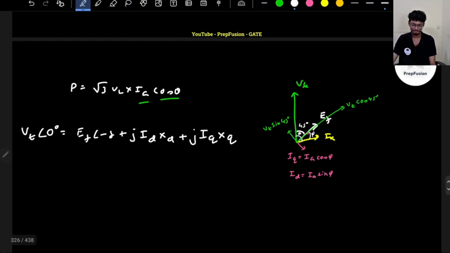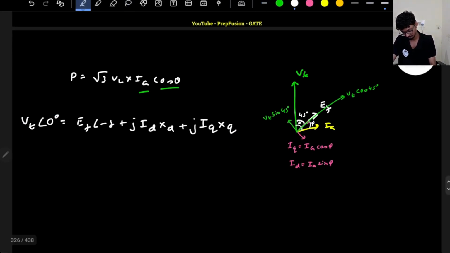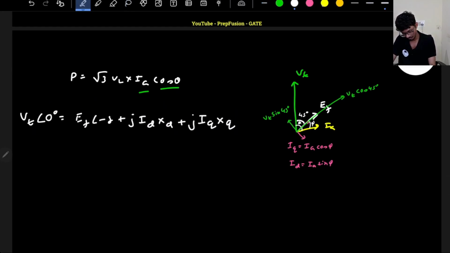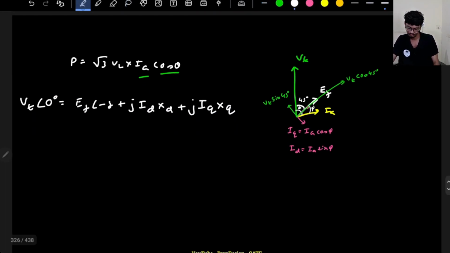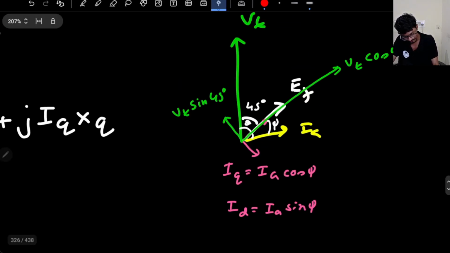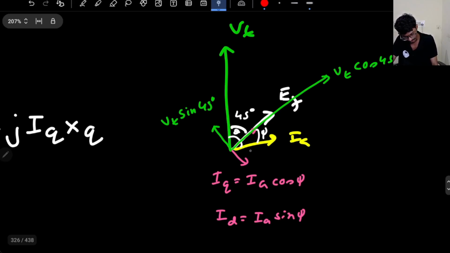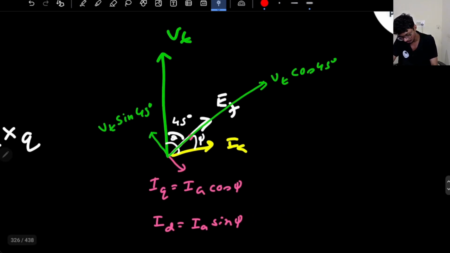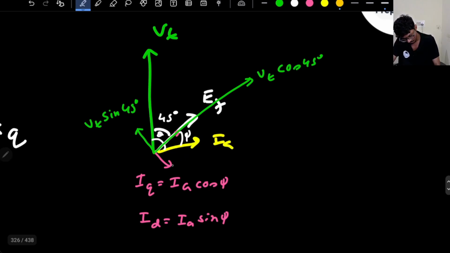So now remember, this VT will have two components. One will be along EF, another one, as I mentioned, perpendicular. So if you see this j ID into XD, ID is perpendicular to this, so j ID into XD will be here.